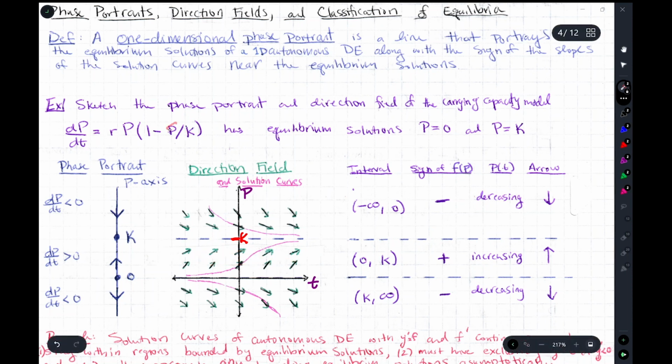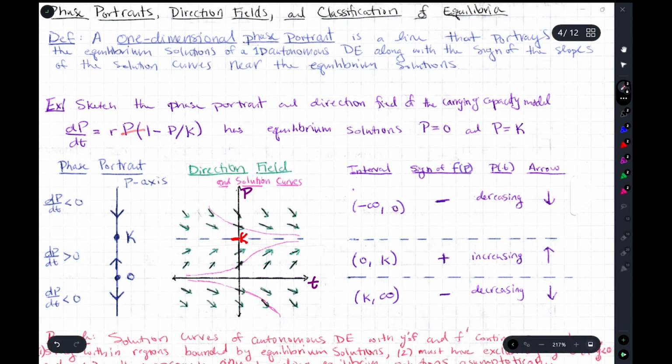Well, here P would be less than K. So anywhere in this chunk, P would be greater than 0 and less than K, which would mean P over K is less than 1, which would mean 1 minus P over K is positive.